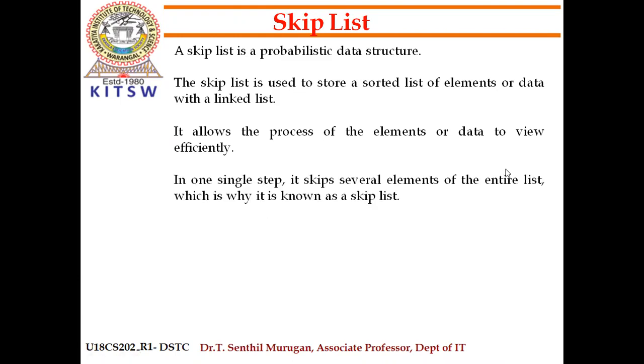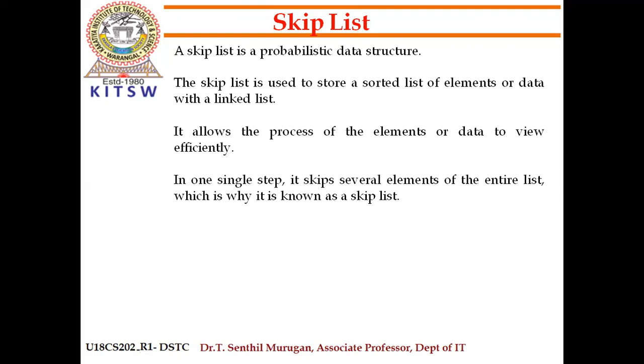So for efficiency, we are using the skip list. While traversing or searching, if you want to do any operation in this list, we have to do it efficiently. That means timing-wise it is efficient. It will take less time to do these operations.